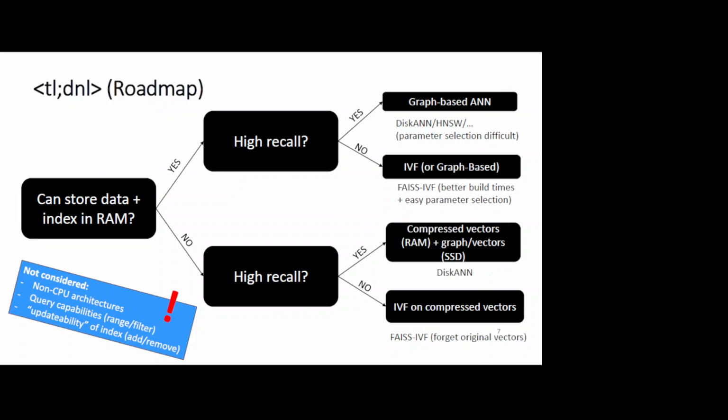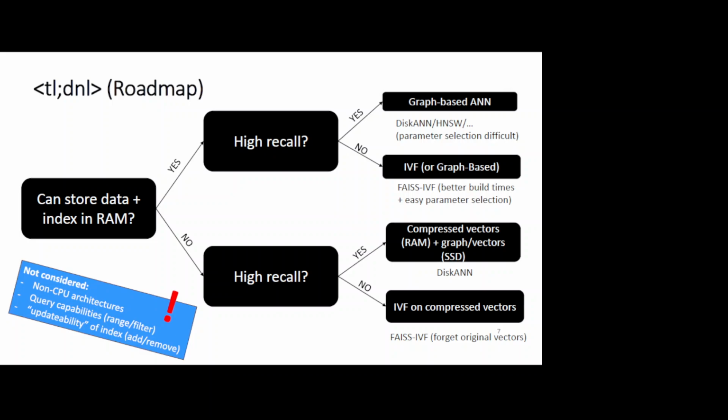Under these considerations, the roadmap is like this. First we consider whether all your data can be stored in your RAM. If yes, this means you have a lot of memory. Next, do you want a high recall or not?